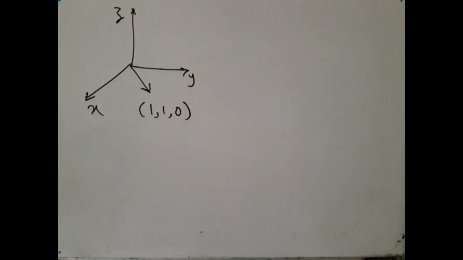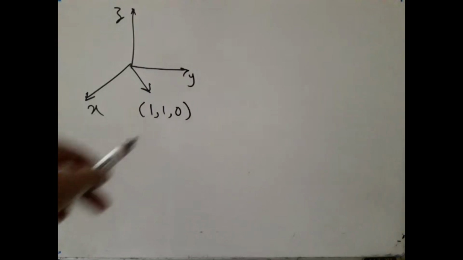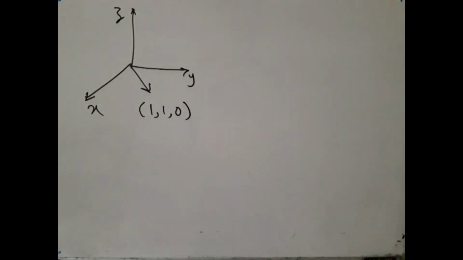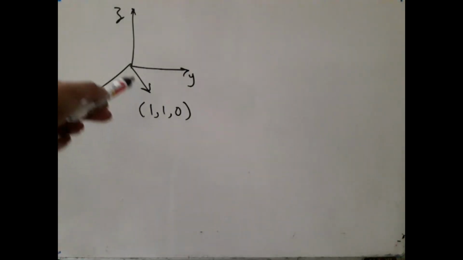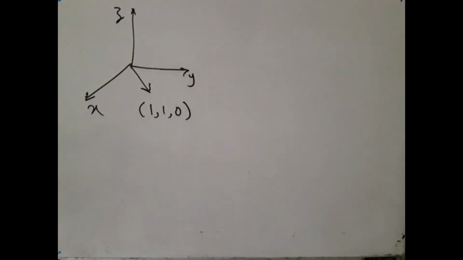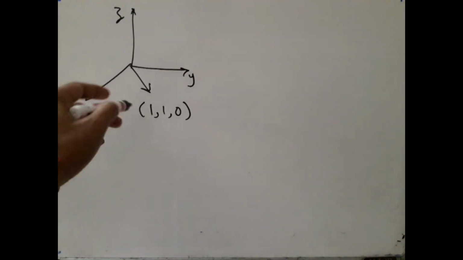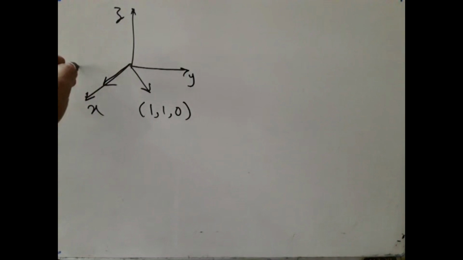Here is an example. Suppose I take R3 as my vector space and I take this particular vector (1, 1, 0) and another vector (1, 0, 0). So my A consists of only these two vectors. I want to find out A perp.